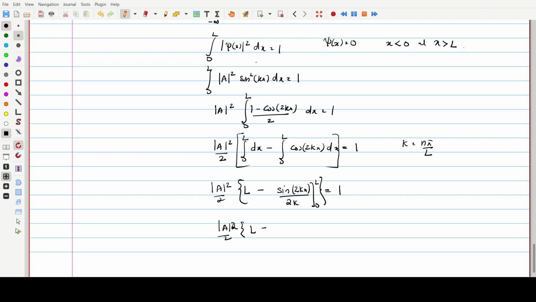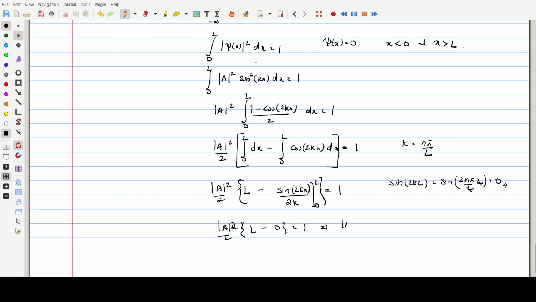Sine 0 is 0, and what would be sine 2kL? Remember k is n pi by L, so it becomes sine 2 n pi by L into L. L will cancel, becomes sine 2 n pi, and that must be 0. So if you put the upper limit and lower limit, the second term would be 0, and this is simply equal to 1.